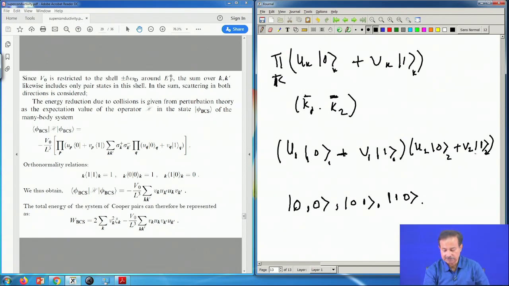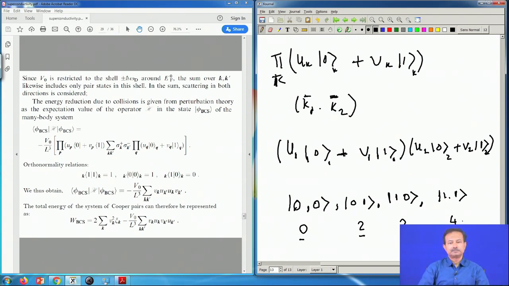But then look at this last product, V 1 V 2, with 1 1 1 1. This has 4 electrons. So, this is a 0 electron state, this is a 2 electron state, this is a 2 electron state, this is a 4 electron state. That means this is 0 pair, 1 pair, 1 pair, 2 pairs.